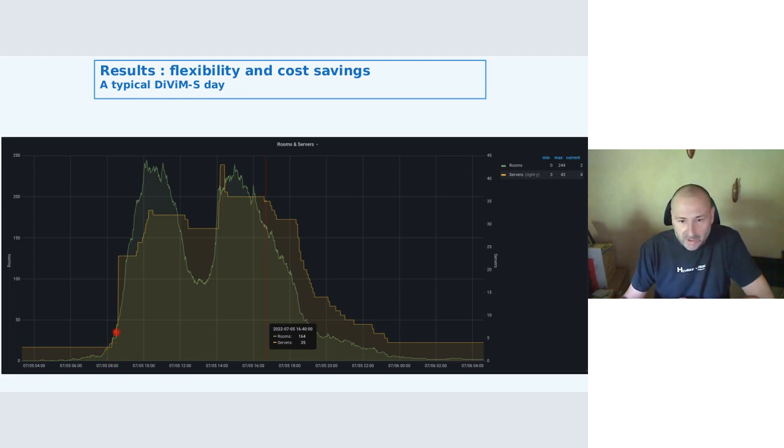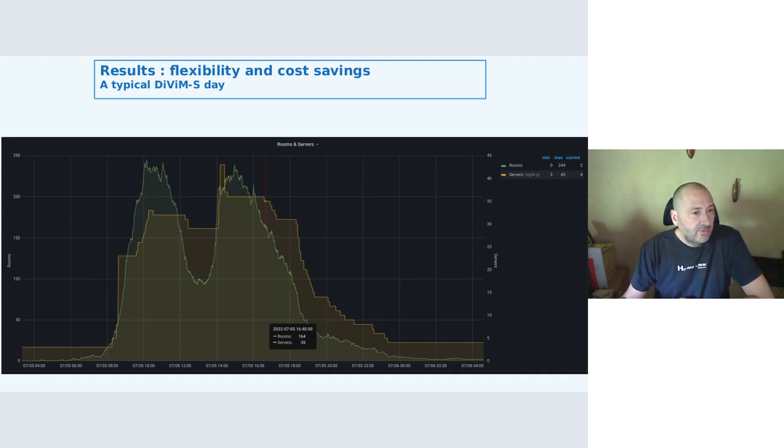At 8:30 here, the schedule calls for 15% of the available servers to be launched, and Divim-S launches the servers to reach this mark here, 23. We have 23 servers ready to support every conference at 9 AM.